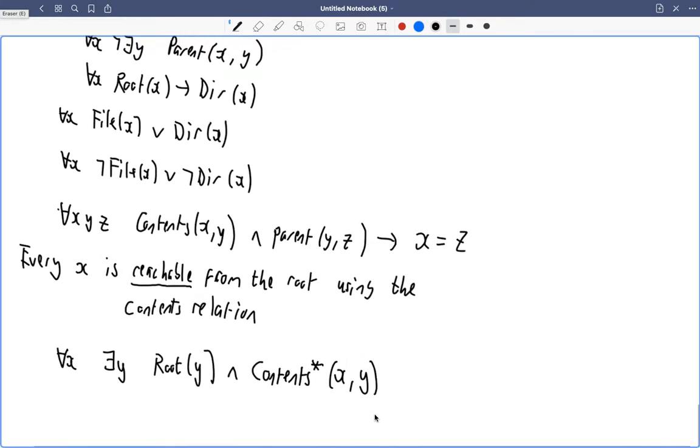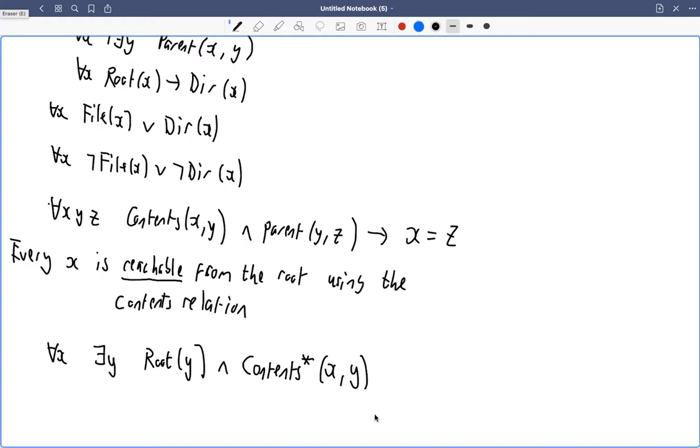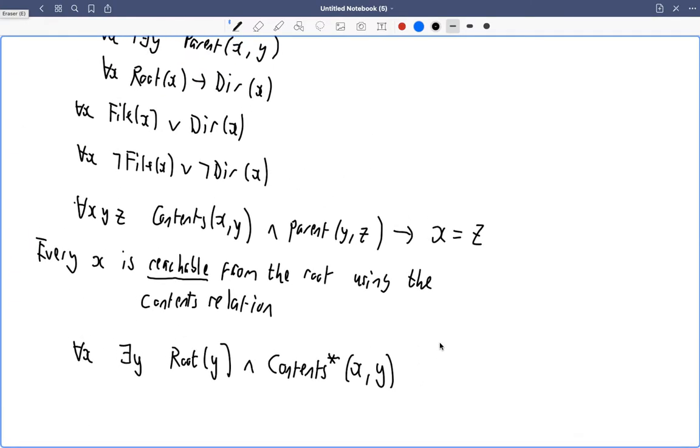And I'm just going to say here, for later reference, let's put it down here. Content star is the transitive reflexive closure, so nice mathematical terminology for this reachability idea.